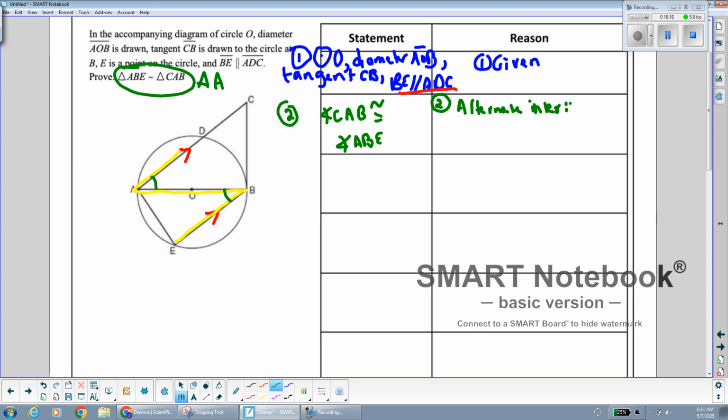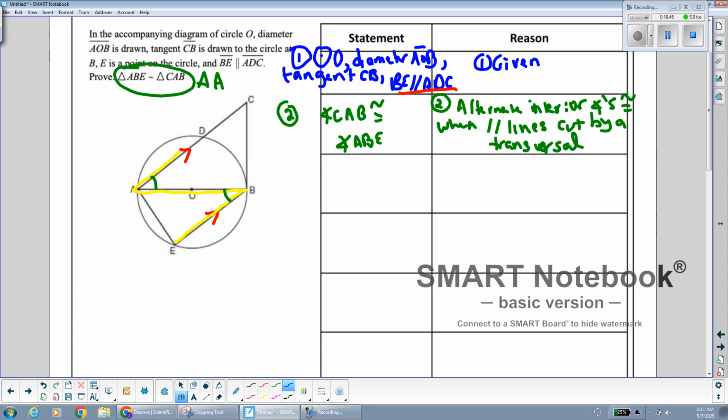Alternate interior angles are congruent when parallel lines are cut by a transversal. You do need to include the part about parallel lines, because alternate interior angles are not always congruent. They are only congruent when you have parallel lines.